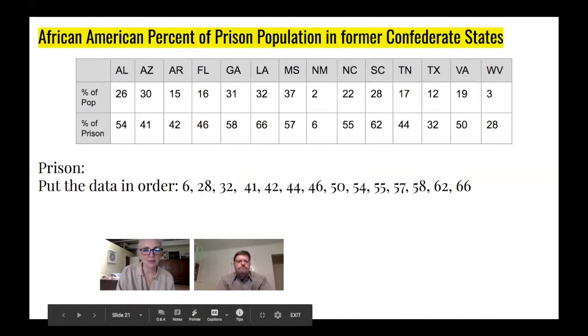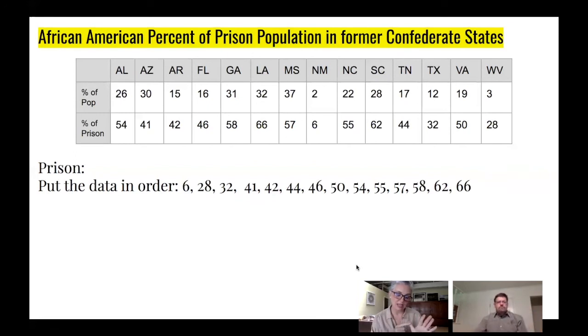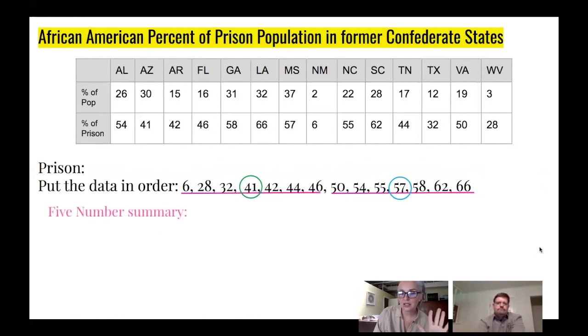Okay, so let's do the same thing for the prison now. These 5 numbers that I found, the minimum, the maximum, Q1, the median, and Q3, are referred to as the 5-number summary, okay? So as we begin organizing our data, meaning we put it in order, we find the first half of the data, the second half of the data, and so on, then in my mind, I work from left to right.